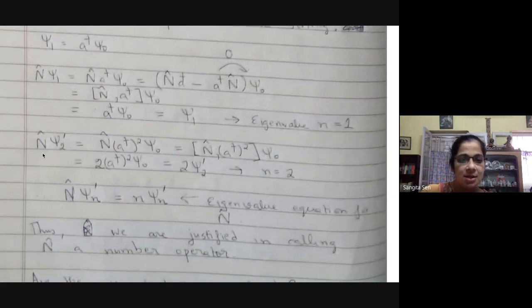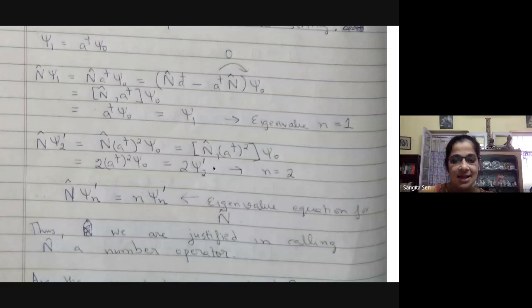Then when I use the number operator on psi2, notice that I have written psi2 prime over here because I don't know if it's normalized. And actually I'm a little bit wise after the event, so I know that it will not turn out to be normalized. So when I use n on psi2 prime, psi2 prime can be written as 2 raising operators on psi0. Then this string we can simply replace by a commutator.